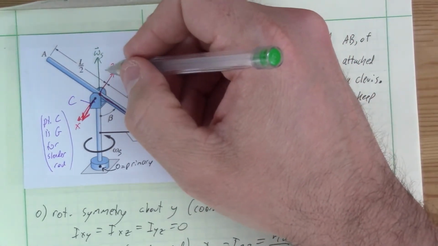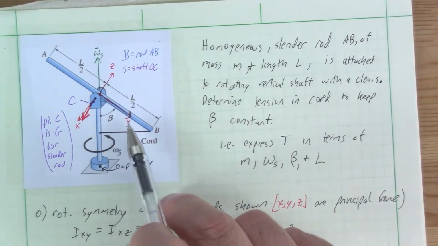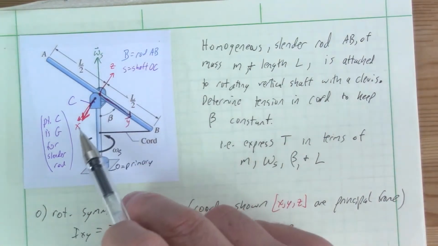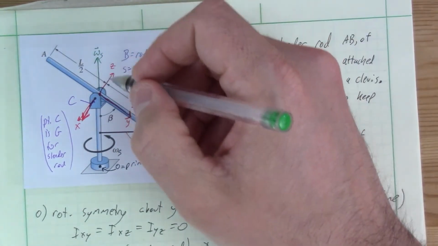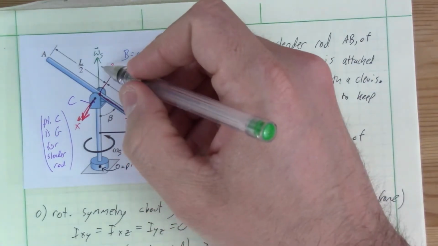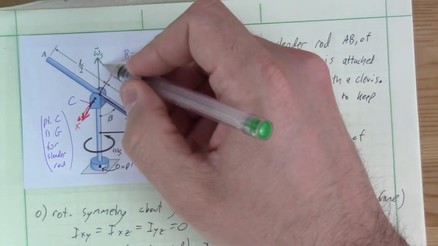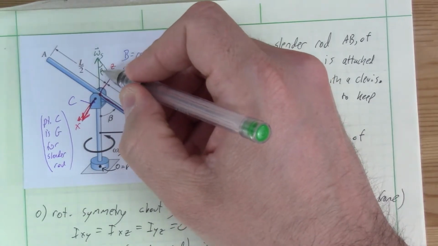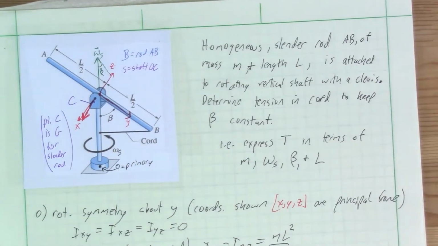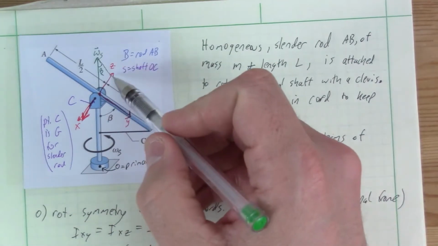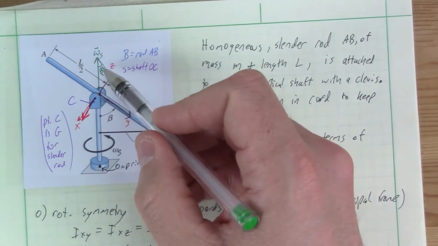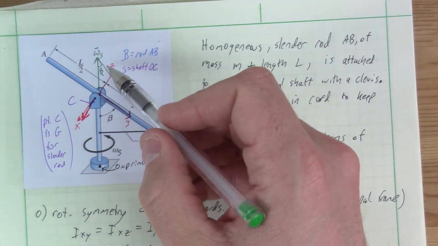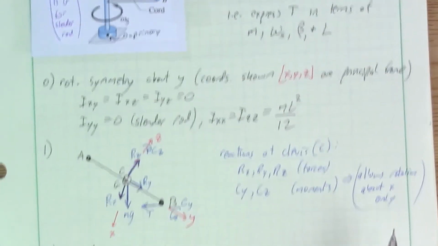In fact, this only has y and z components. It has no x component. And if that's beta, then through some triangle analysis, that's also beta. So we can make a little triangle out of that. The z component is going to be omega s sine beta, and the y component is cosine beta times omega s.